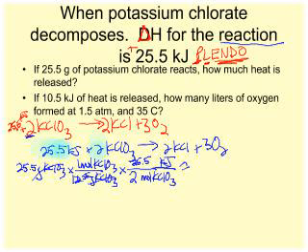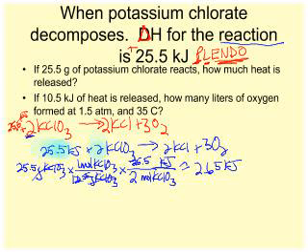These are actually a little bit shorter because you don't go through moles of heat. So 25.5 divided by 2, times 25.5 divided by 122.55, is 2.65 kilojoules. It doesn't really matter whether I put the kilojoules on the left or on the right, the number would be the same, but that's basically it.